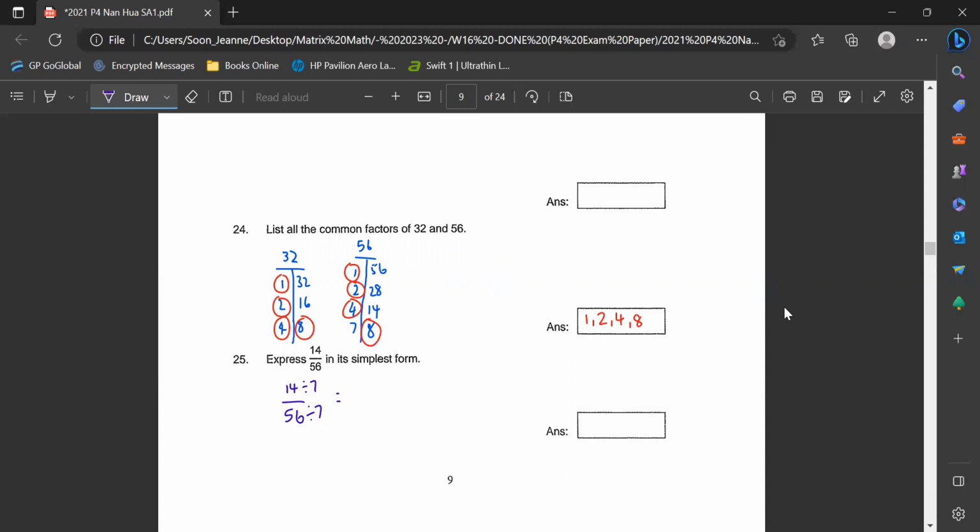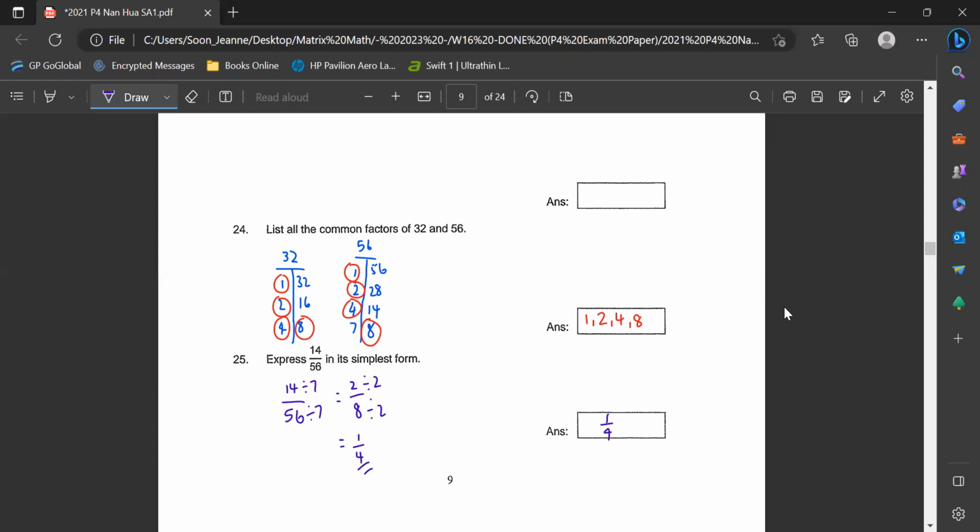Divided by 7, it's 2 over 8. But you can still further divide it by 2, so your answer will be 1/4. Always observe your fraction. Can you still simplify? If you can, you must simplify.